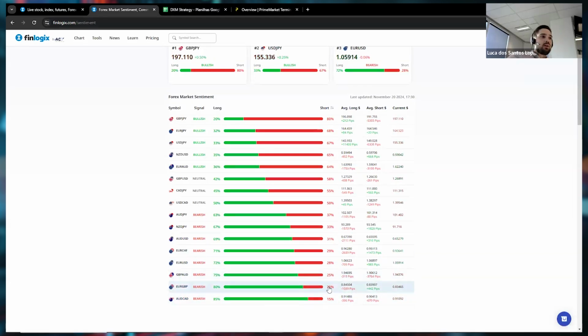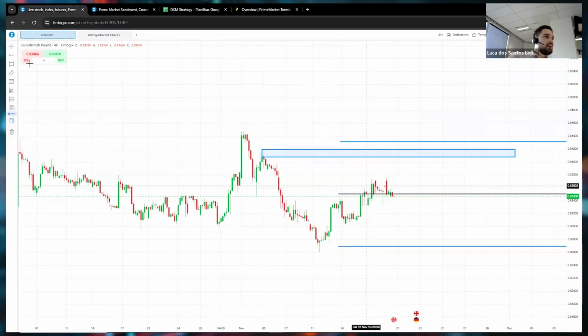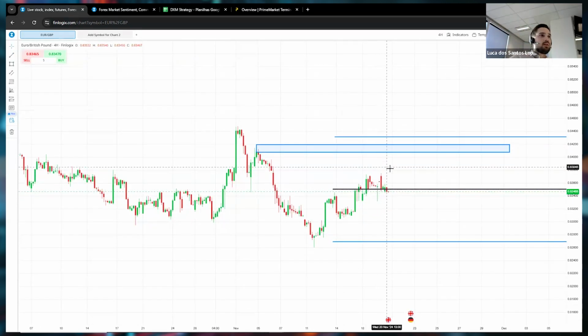So what I'm expecting right now is that all of those people will become liquidity, and we have plenty of liquidity on the bottom of those trends that the market will be swiping through. Now that they've squeezed everyone, they will be dumping all the big short positions from somewhere around here, or maybe even a little bit more to the top.